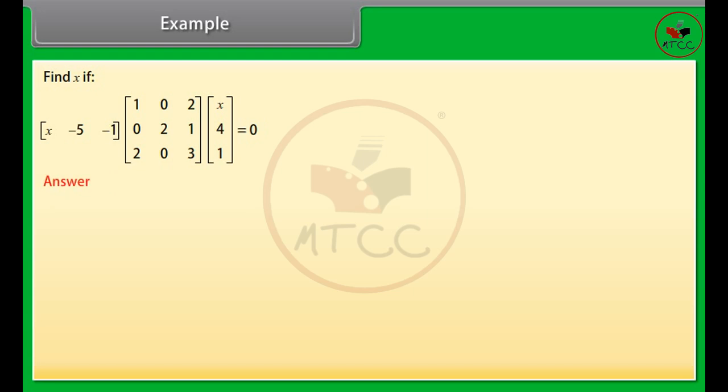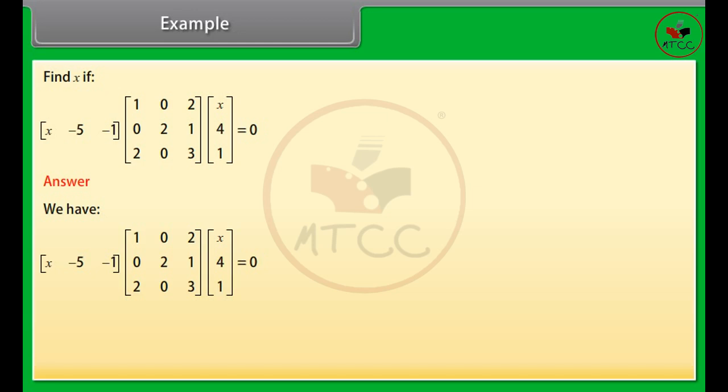Given that, we have [x -5 -1] multiplied by the matrix with first row 1, 0, 2, second row 0, 2, 1, third row 2, 0, 3, multiplied by the matrix with rows x, 4, 1 is equal to 0.